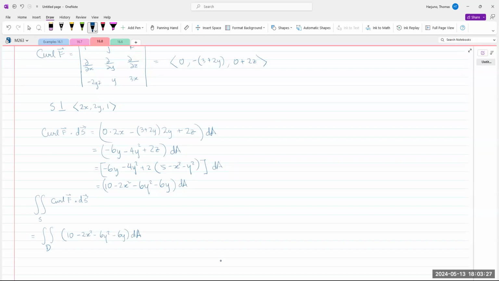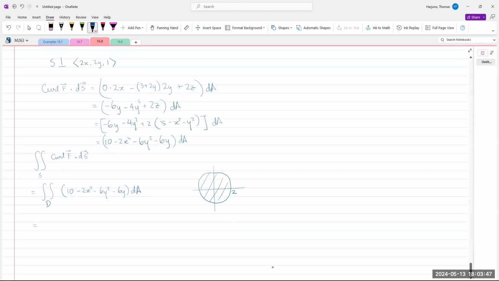The domain is symmetric with respect to x and y. The domain looks like a disk with radius 2. So let me polarize that, 0 to 2 pi, 0 to 2. I need to make it into polar already.